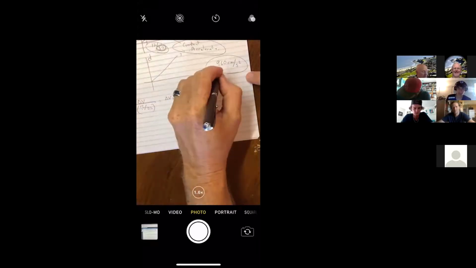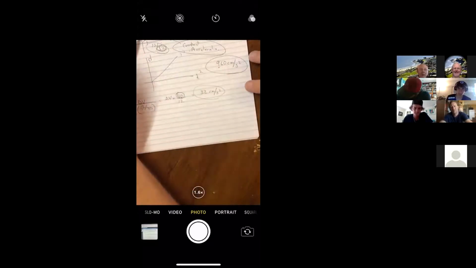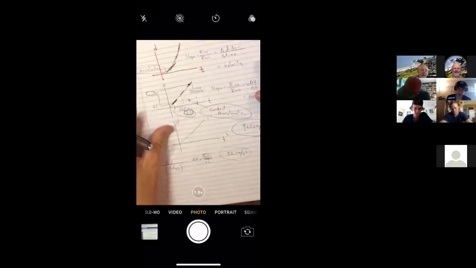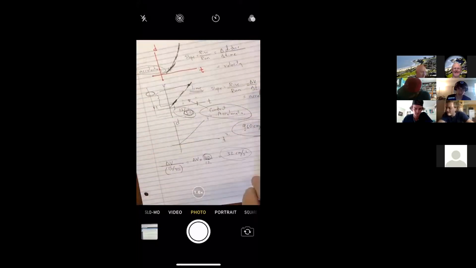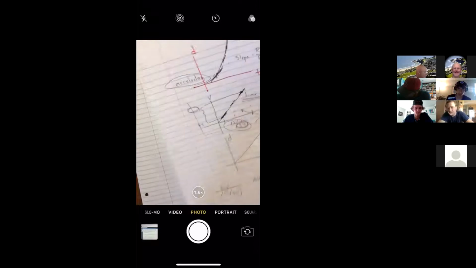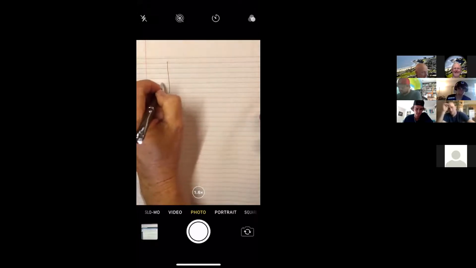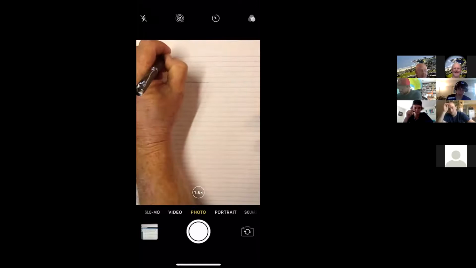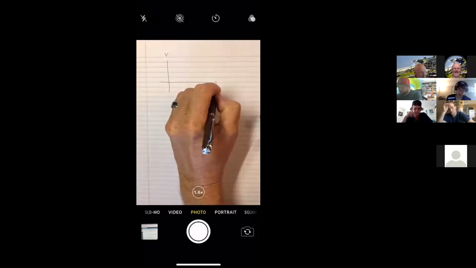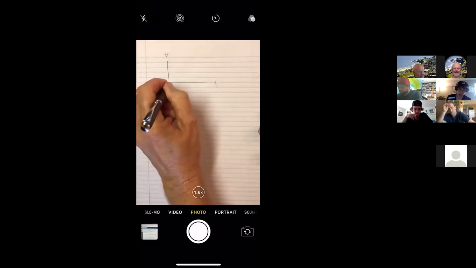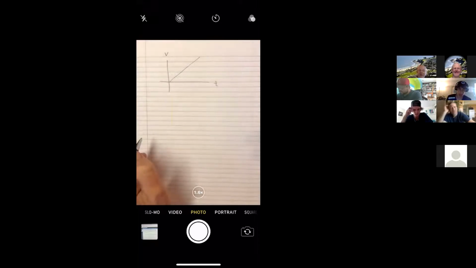So coming back to the 960, it's this graph here. And since it got kind of messy, I'm going to grab a new piece of paper. All right. So starting with a new piece of paper here. Here's the velocity versus time. Your graph looks something like this.